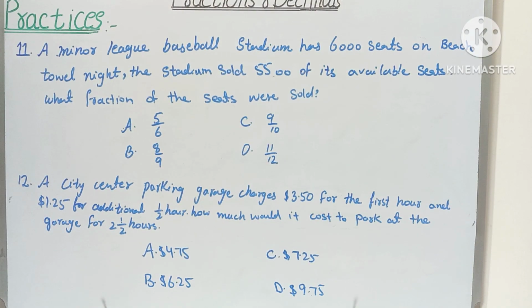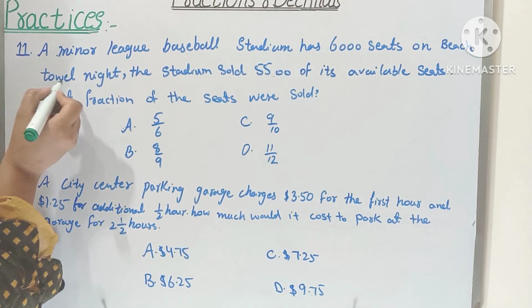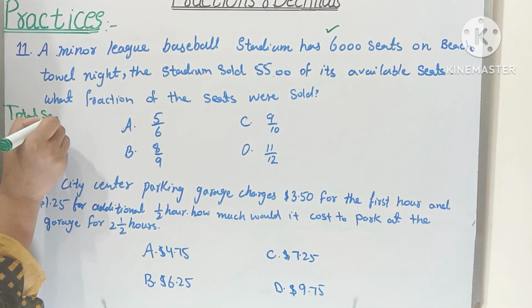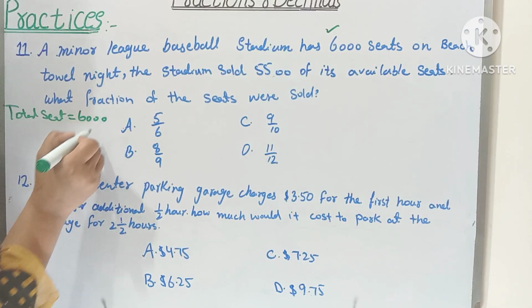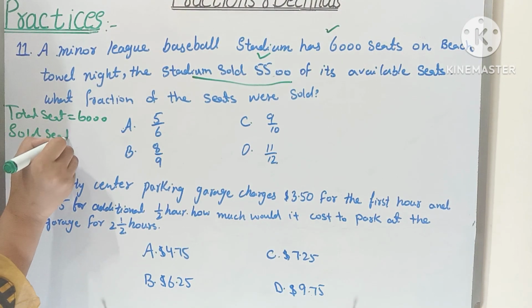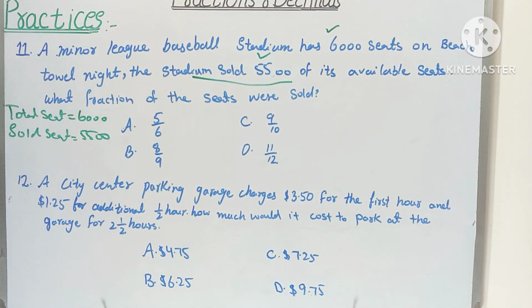Question number 11. A minor league baseball stadium has 6,000 seats. On beach towel night, the stadium sold 2,500 of its available seats. What fraction of the seats were sold? Let's solve this step by step. Total seats are 6,000. Seats sold 2,500.